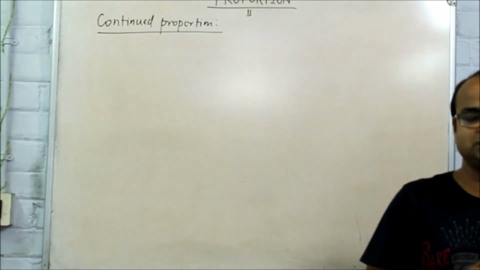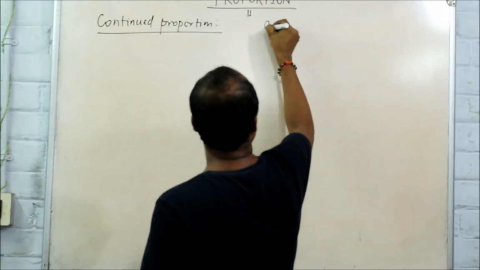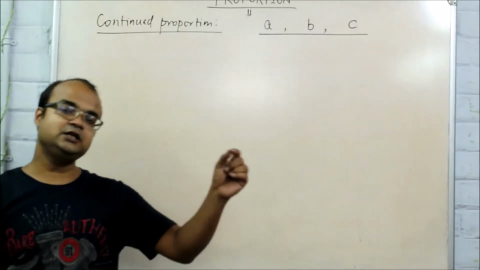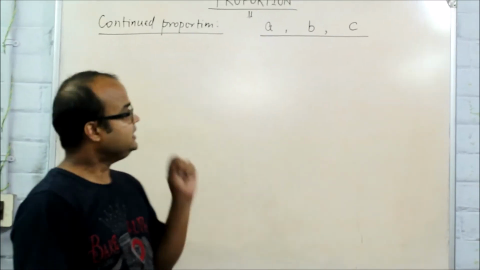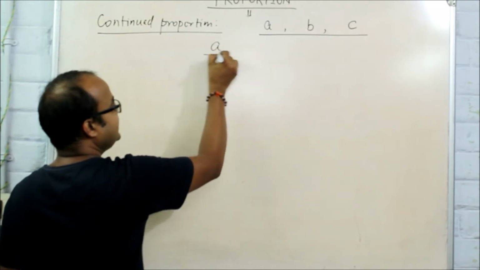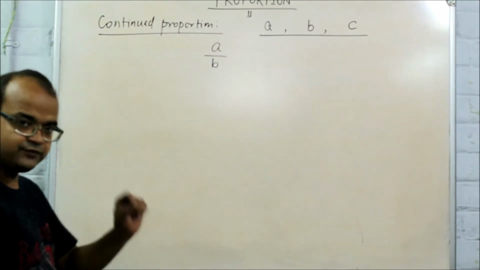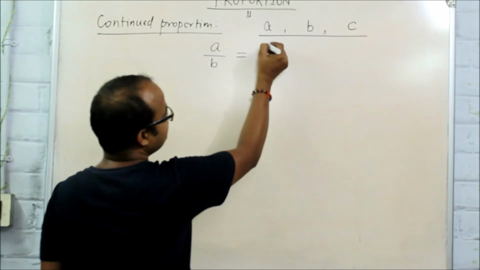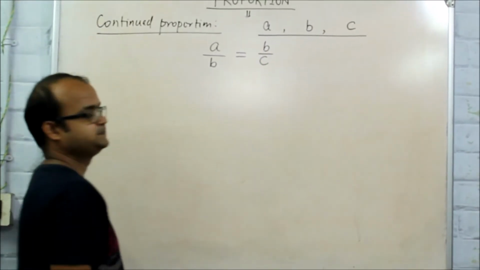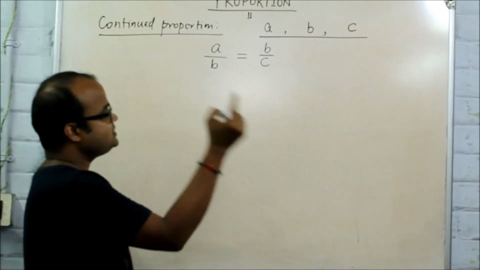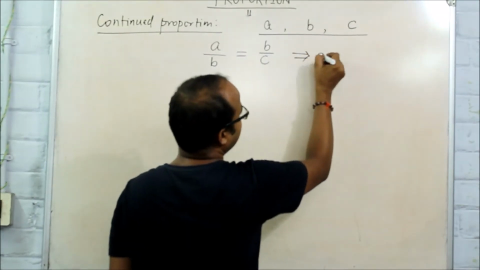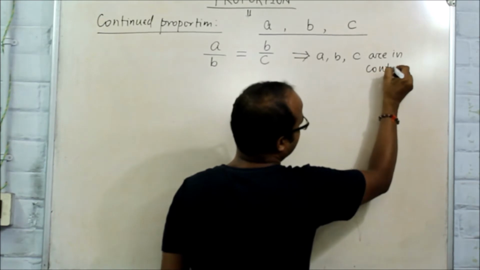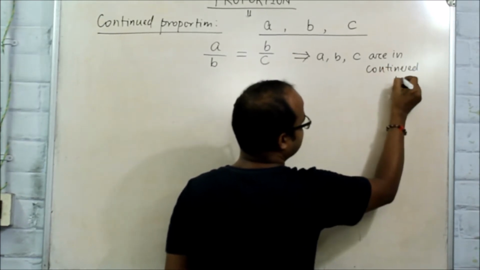What is continued proportion? Suppose there are three numbers A, B and C. If the ratio of first and second is equal to the ratio of second by third, then A, B, C are in continued proportion.